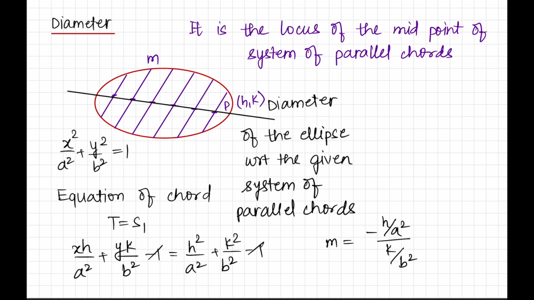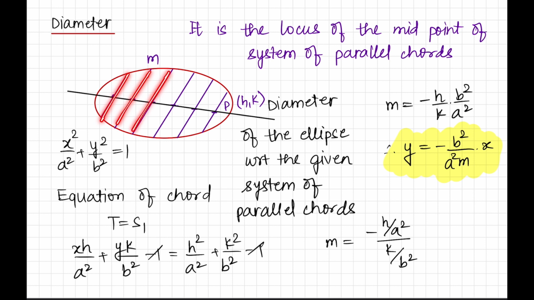So we get m equals minus h over k into b square by a square, and therefore y equals minus b square by a square into m into x. So this, my dear students, is the equation of the diameter of an ellipse.